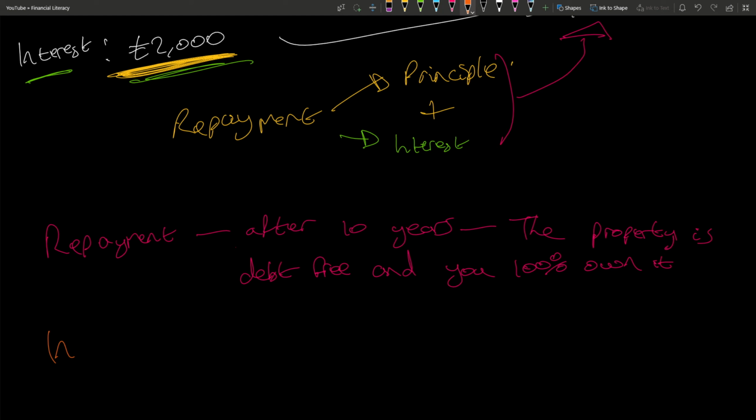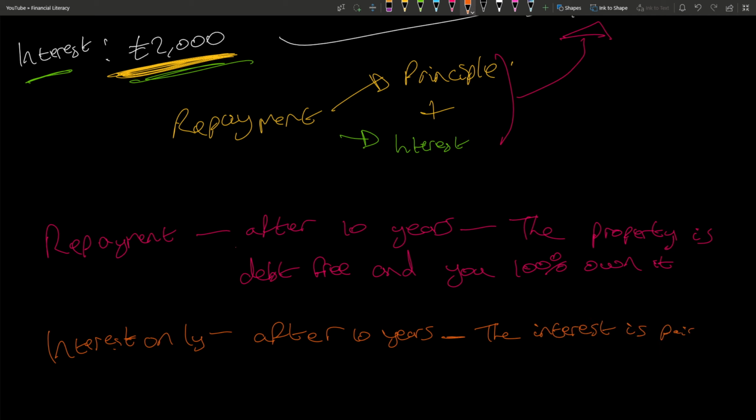If you do interest only, after 10 years, those 10 years are still going to go by regardless of whether you do interest or repayment. The interest is paid, but the principal, which is the loan amount, is outstanding.